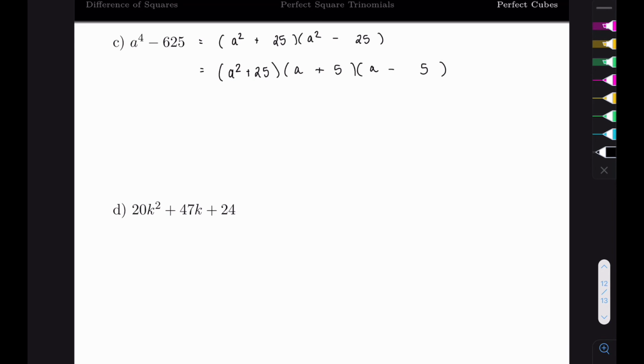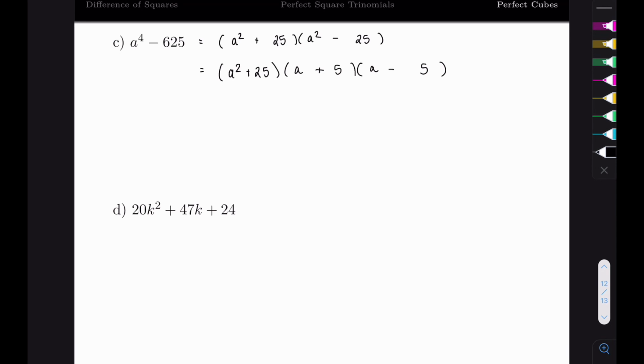We make one positive and one negative. And we're checking, is this the correct factoring for just that second piece? If you look at the outer, it's -5a. The inner is positive 5a. Indeed, those cancel and just leave us with no middle term. So this is as far as we can possibly factor it.